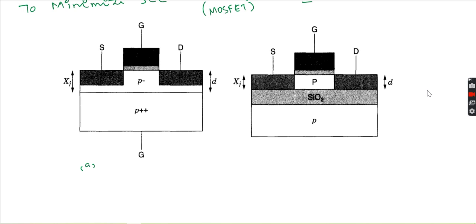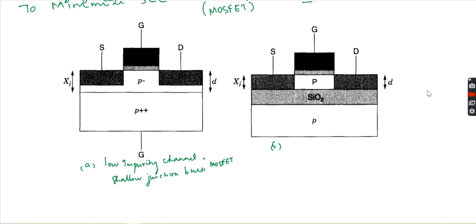Structure A shows the schematic of the low impurity channel, shallow junction, bulk MOSFET.